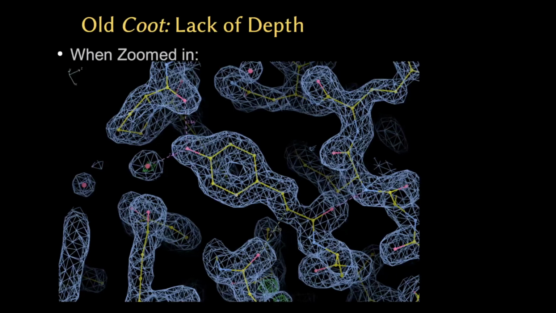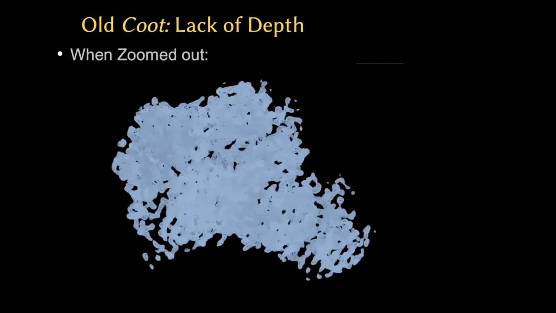We can see where the map is, we can see where the model is, we can see what's in the background, we can see above, beyond, and below. It's not too terrible. And when we're working with average resolution or better resolution maps, it's not a bad representation. But using Coot for cryo-EM reconstructions, this sort of representation just is not that useful.